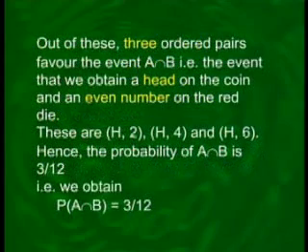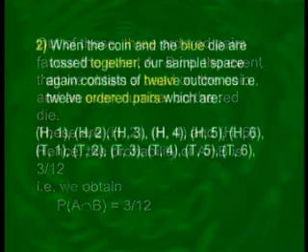Out of these, 3 ordered pairs favor the event A intersection B. That is, the event that we obtain a head on the coin and an even number on the red die. और ये 3 ordered pairs कौन से हैं? H2, H4 and H6. Hence, the probability of A intersection B is equal to 3 by 12.